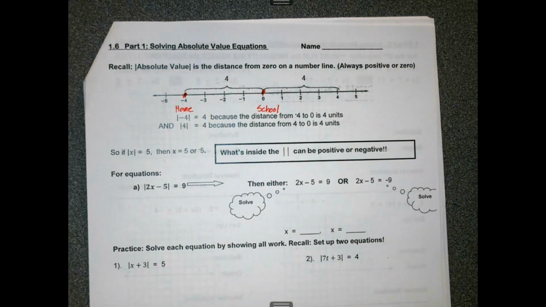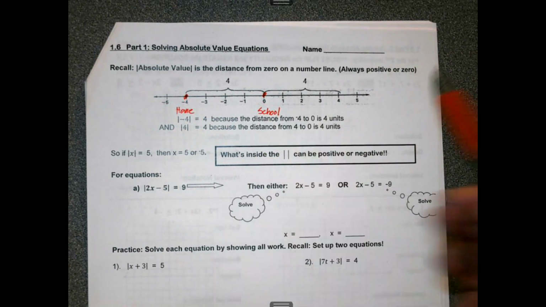So if you're walking home backwards, it's negative? No. Unless you got a time machine, you can't walk negative units, right? No matter which direction you're going, right?